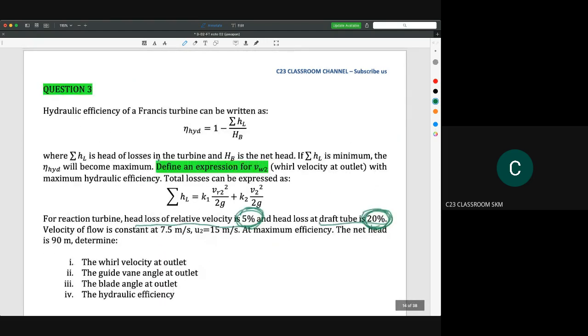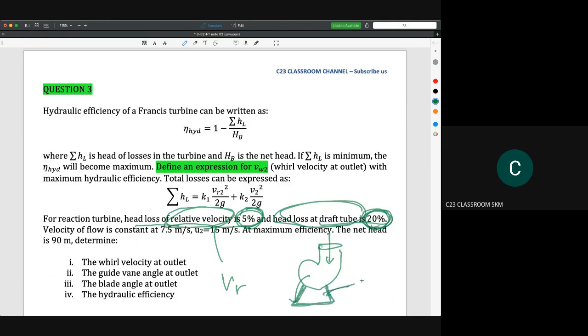As we see here, we have the relative velocity, which means VR. And the draft tube here, as you know, if we have a turbine, the water comes in and water comes out. At the outlet here, we call it the draft tube. At the draft tube, the water will flow at the actual velocity, which here is V2.